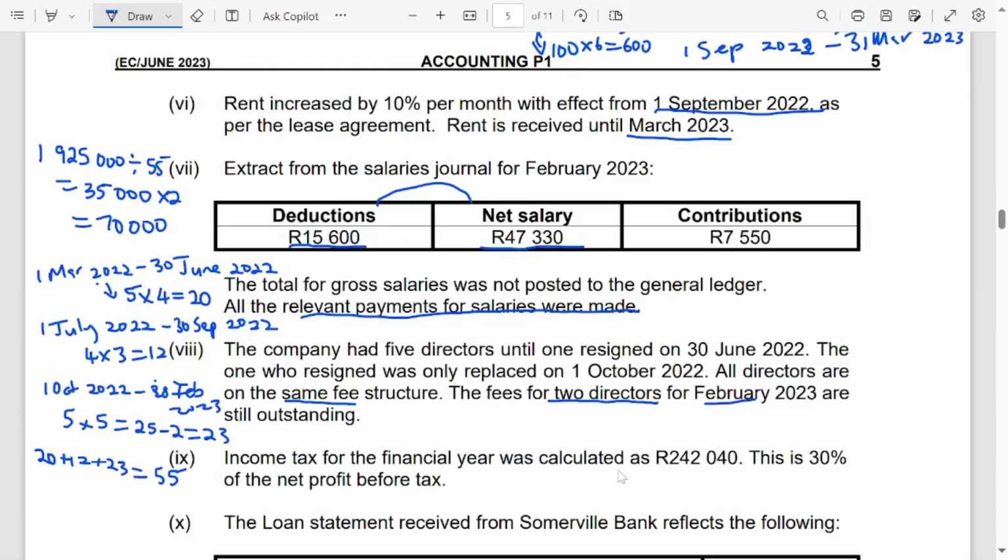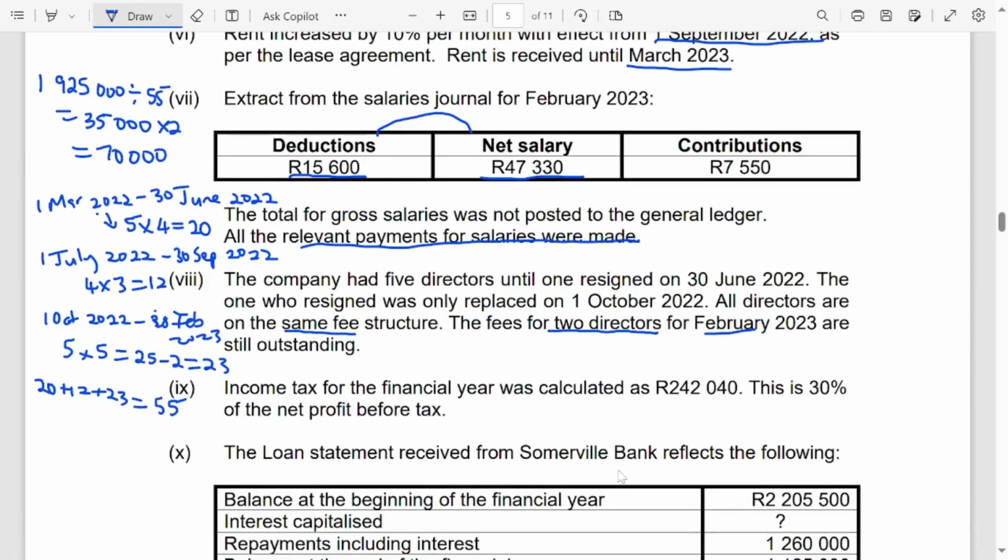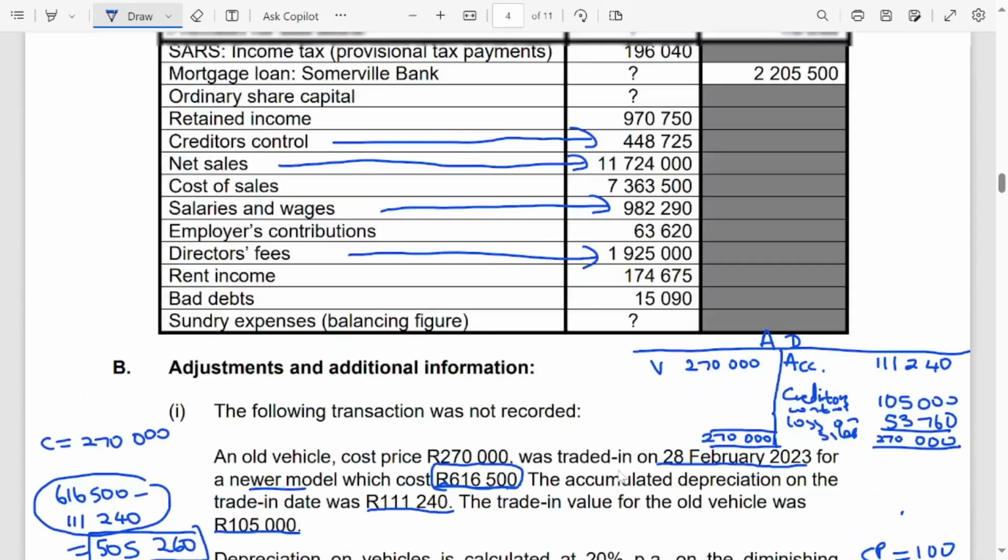Right? Then they're saying, the income tax for the financial year was calculated as 242,040. Right? This is 80% of the net profit before tax. Okay? Before we go there, we are given the income tax. So it means that we are supposed to pay SARS this amount, 242,040. Now let's go and check how much we paid SARS.